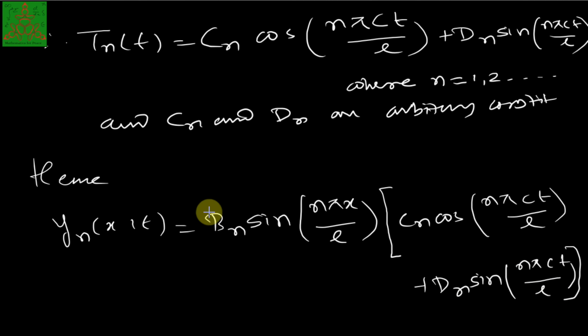And we observe that if I multiply this Bn with Cn, we'll call it another variable, let's say a small an, and this Bn multiplied with Dn we'll call it bn. They are also arbitrary constants.